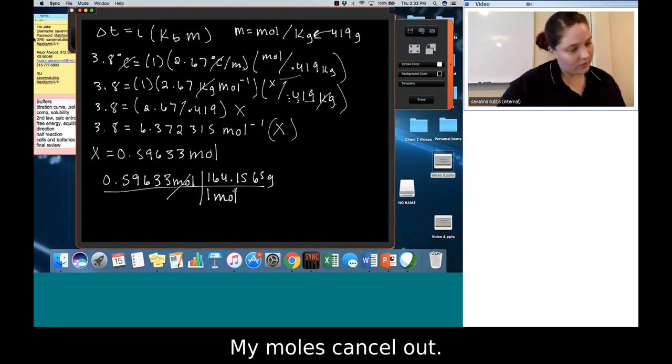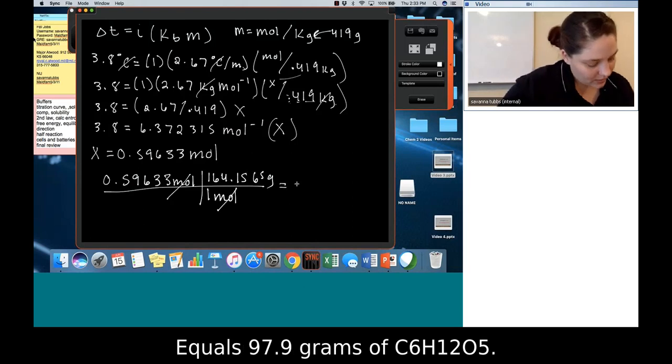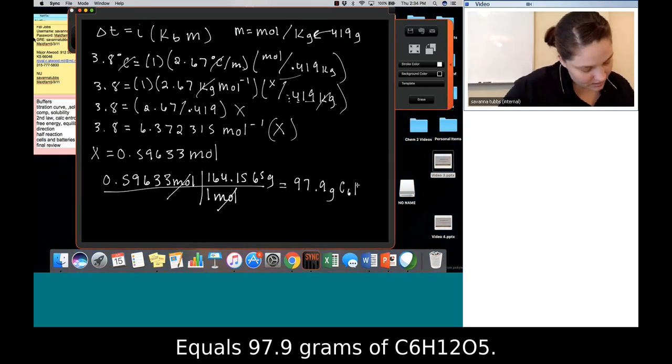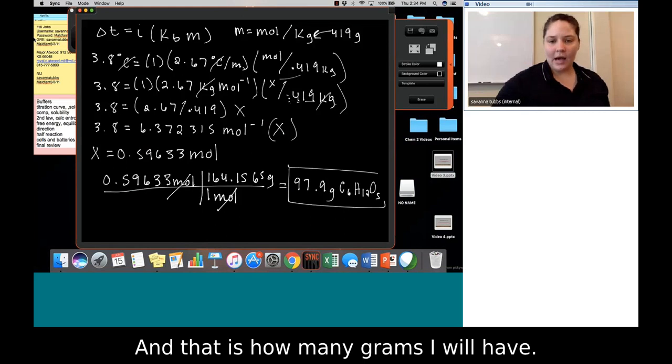My moles cancel out, and each of these are for the C6H12O5, so that's sugar, equals 97.9 grams of C6H12O5. And that is how many grams I will have.